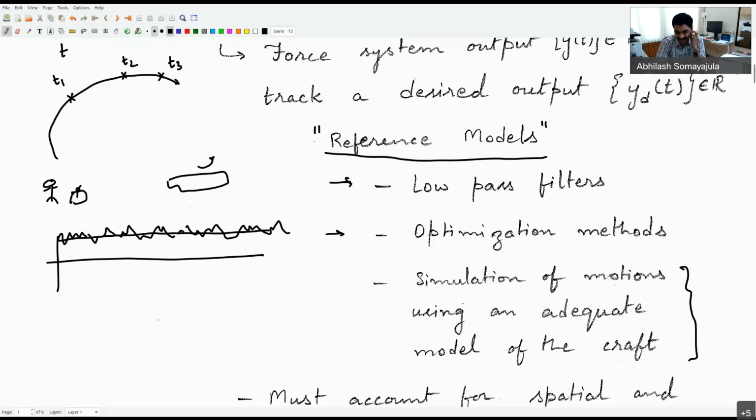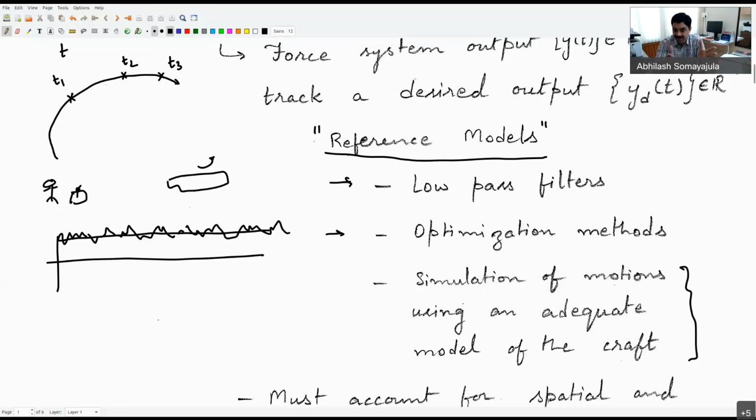Now, joystick is only one of the types of inputs which your guidance system can get. You can get an input from other sources as well, right? Some of the other sources might include weather. What is the weather looking like? What are the environmental data looking like? They may also determine how your next desired trajectory should change.